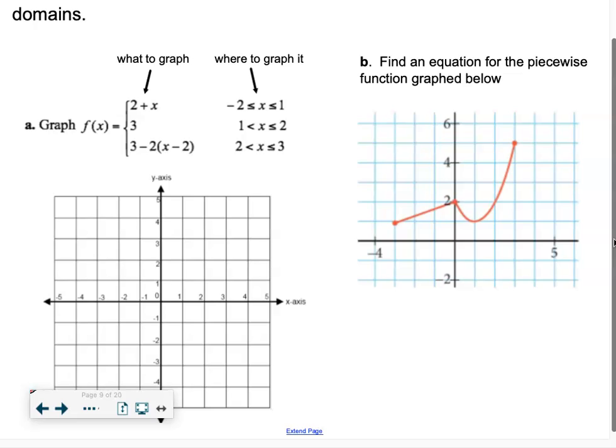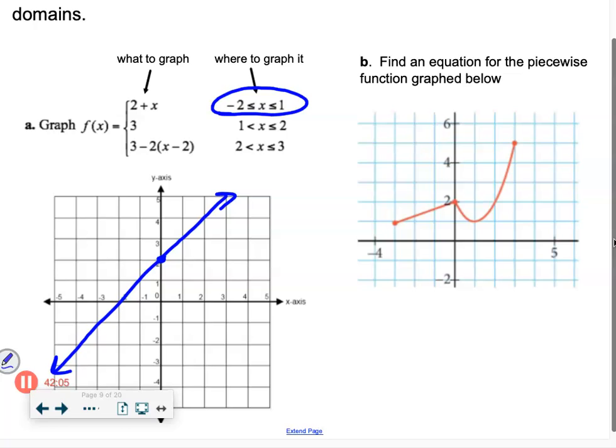So this first piece is the line 2 plus x. Now if I were to graph the line 2 plus x, it has a y-intercept of 2 and a slope of 1, and it would look like that. However, this line f of x equals 2 plus x is only valid for the x values from negative 2 to 1.